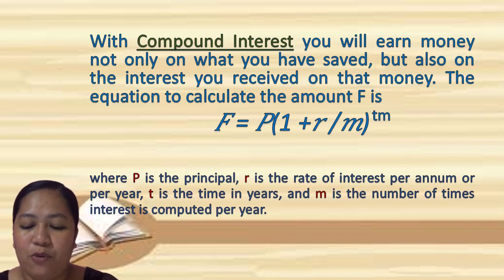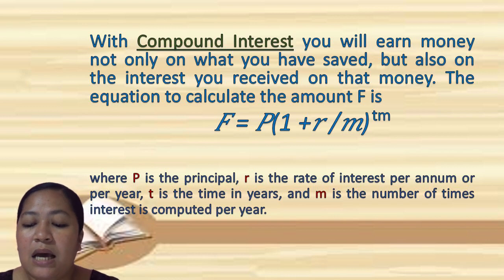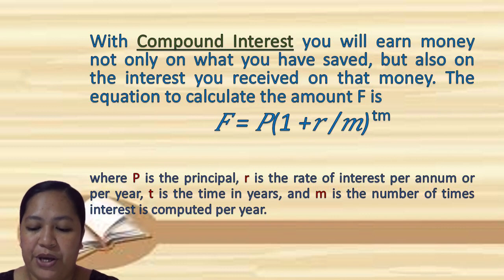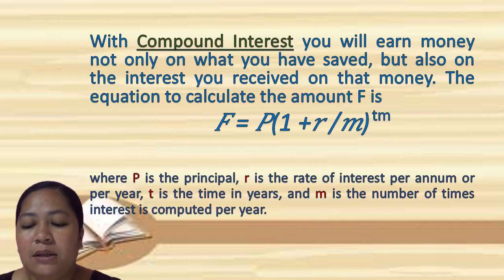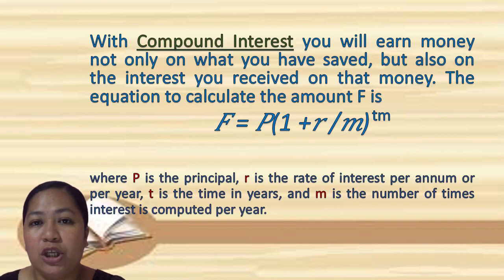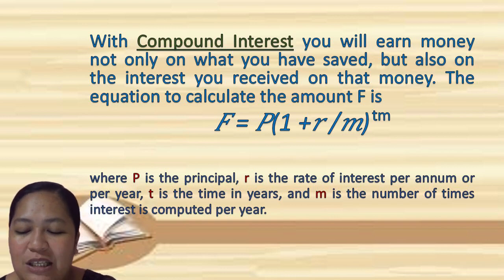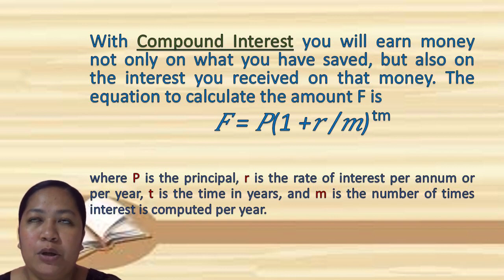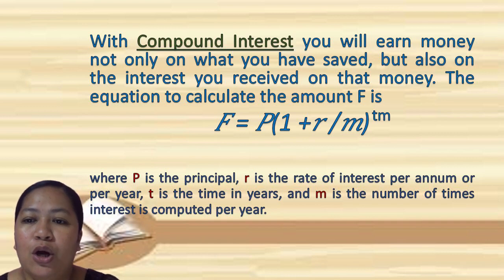R is the rate, of course, and that is interest per annum or per year. T here is still the time in years. And M here is the number of times the interest is compounded or computed per year. So as you can see, there is an additional variable, the M, which stands for compounded.